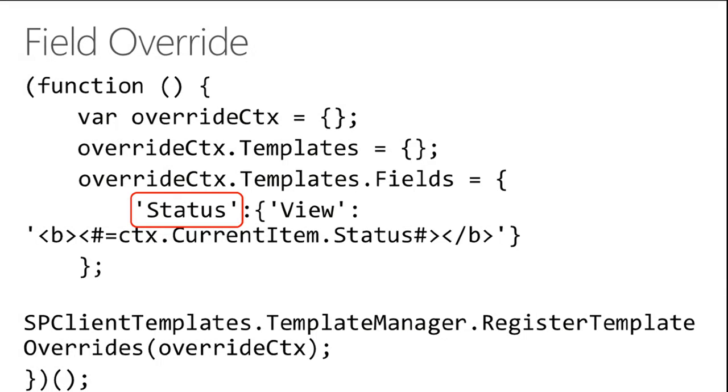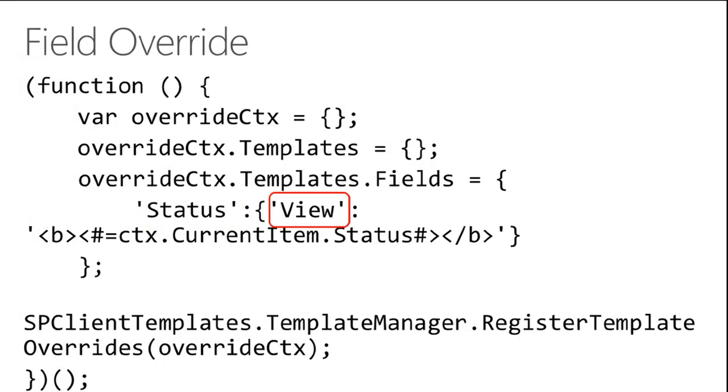No other code, none of this stuff, just alert. And get your JS-Link property set properly so that alert pops up. Once that pops up, you know you're pointing to the right place and you're getting in your file and you're good to go. So again, lots of places where it can break. So status is the field that I want to override.